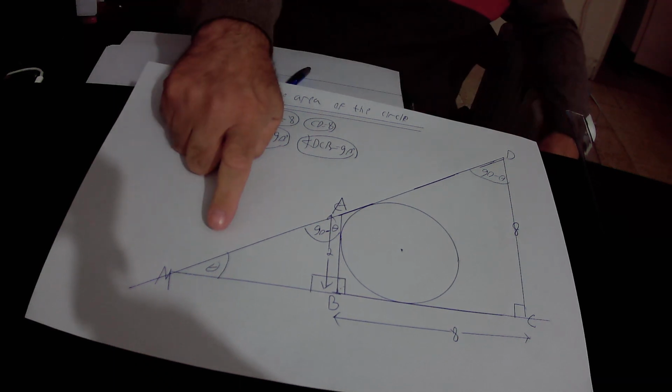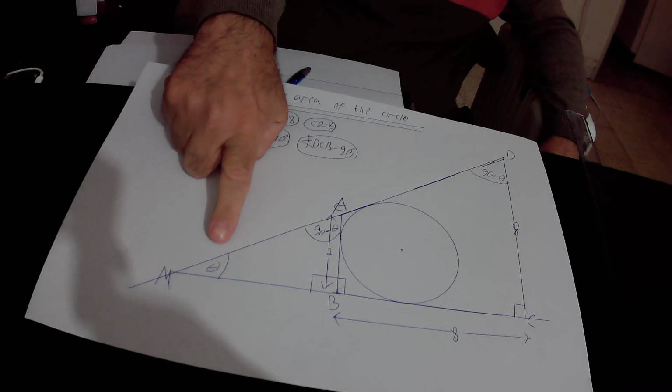In addition, this is angle theta, a common angle that belongs to both triangles. Therefore, we can say that angle theta equals itself.